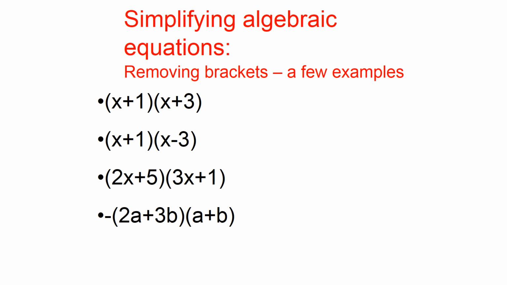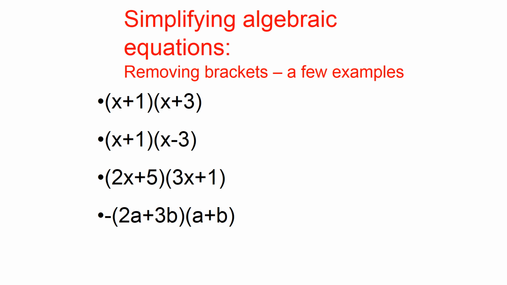So I need to multiply this out. I'm going to split this one first, that's going to be minus 2a times a plus b, and then minus 3b times a plus b. So then we multiply this one out. Minus 2a times a is minus 2a squared, plus minus 2a times b, so that would be plus minus 2ab.